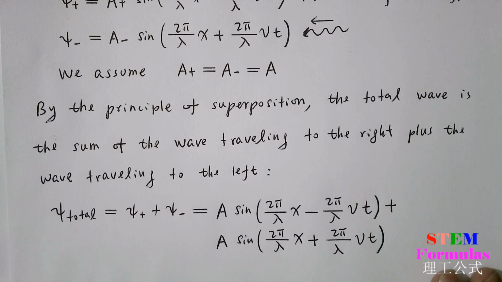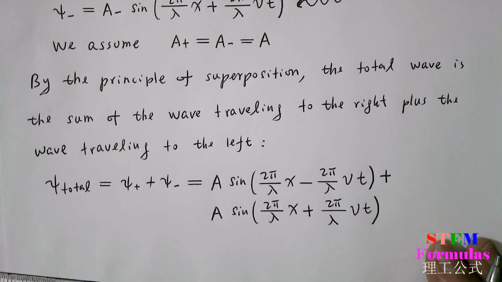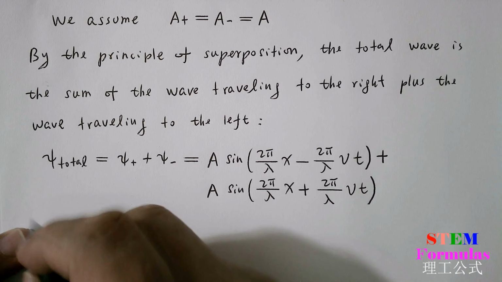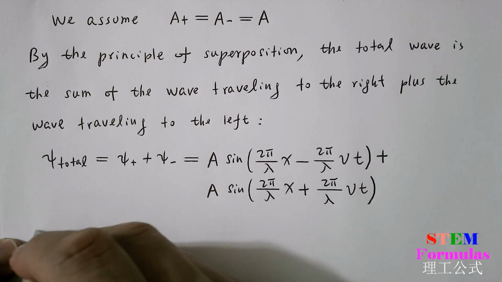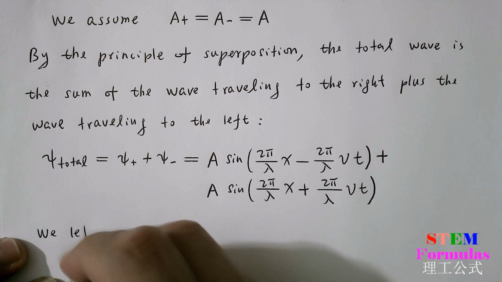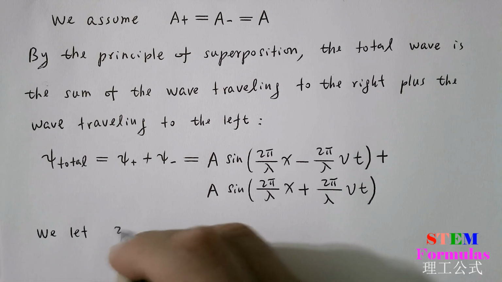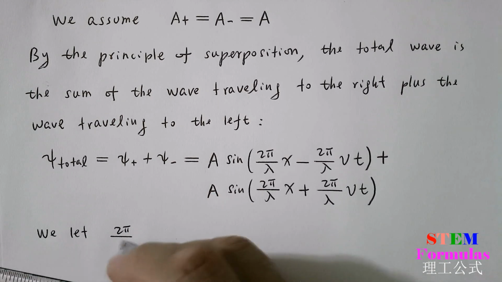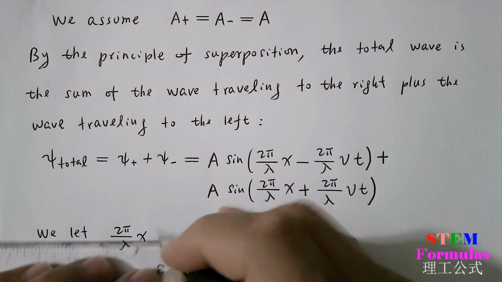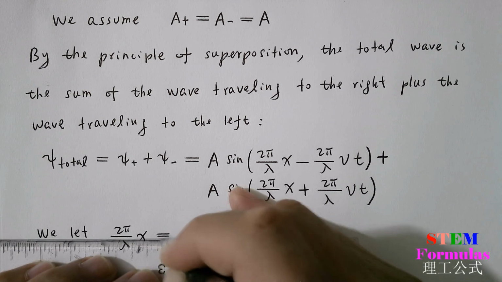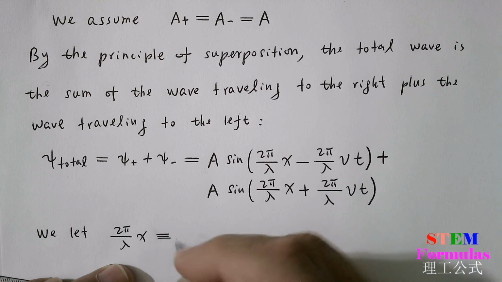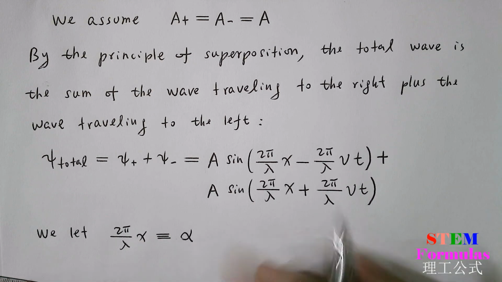Now, to use trigonometry easily, we define some quantities. We let 2 pi divided by lambda times x be defined as alpha.